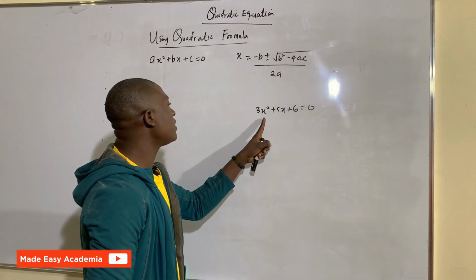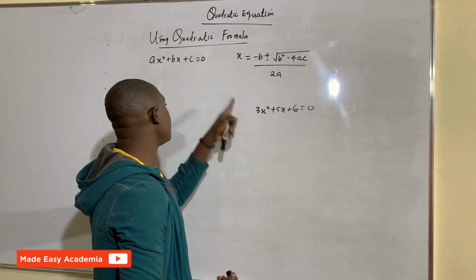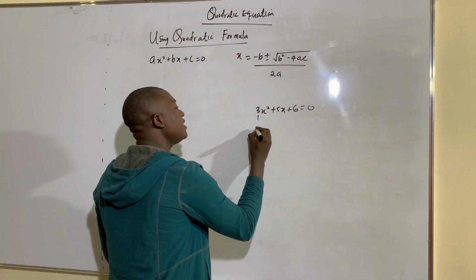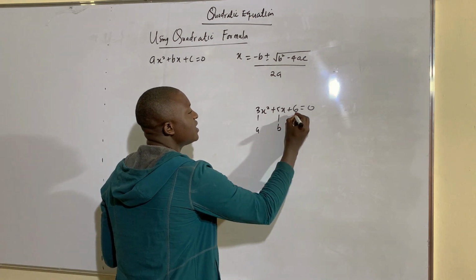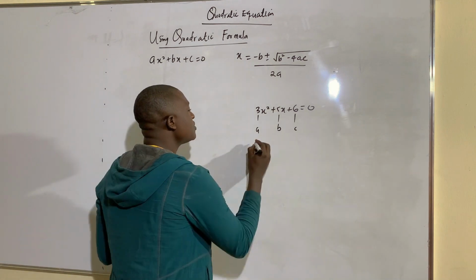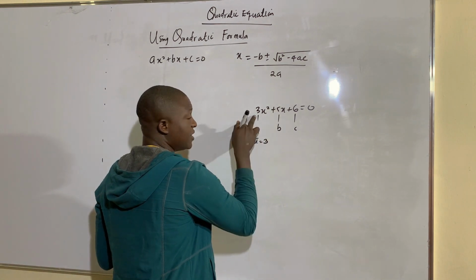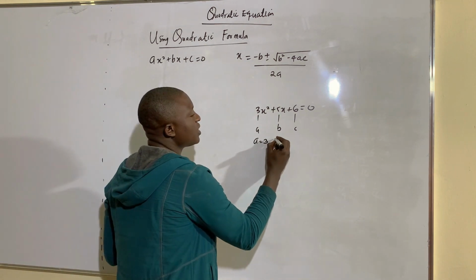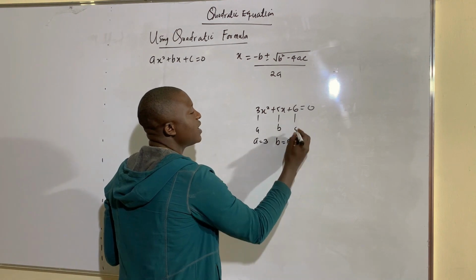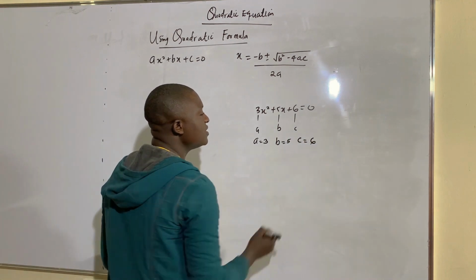By comparison, this is going to be our a, this is going to be our b, and this is going to be our c. So here I can have a to be 3, my b to be 5, and our c to be 6.